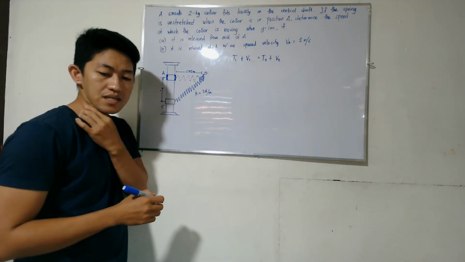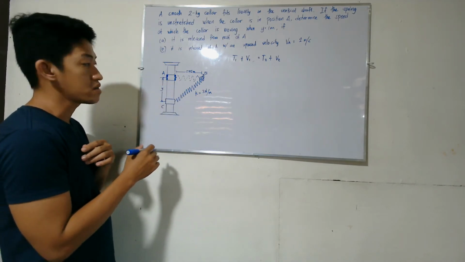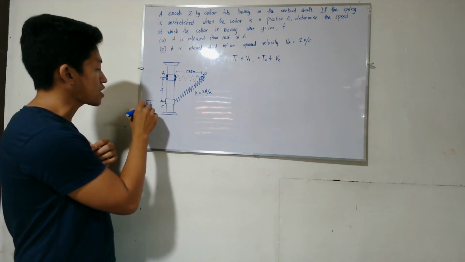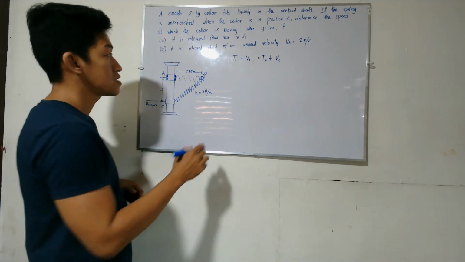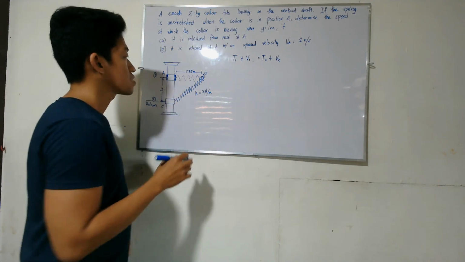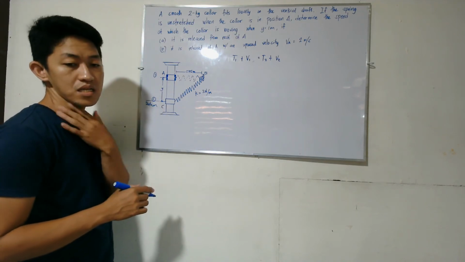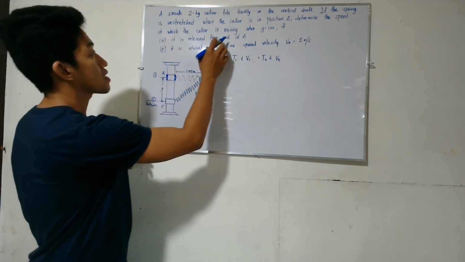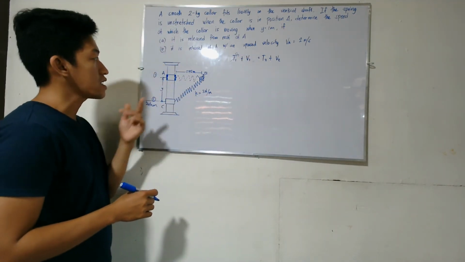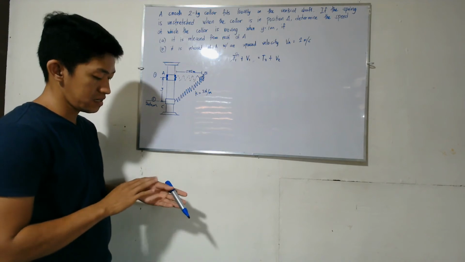First, we need to establish our datum. For this case, let's have our datum at point C. This is point 1 and this is point 2. What is the kinetic energy at point 1? Is there a kinetic energy? No, since it is at rest, it will be just 0. And then at V1, the potential energy.